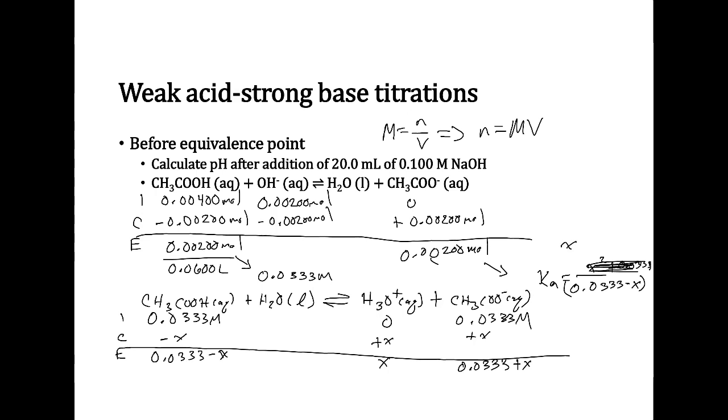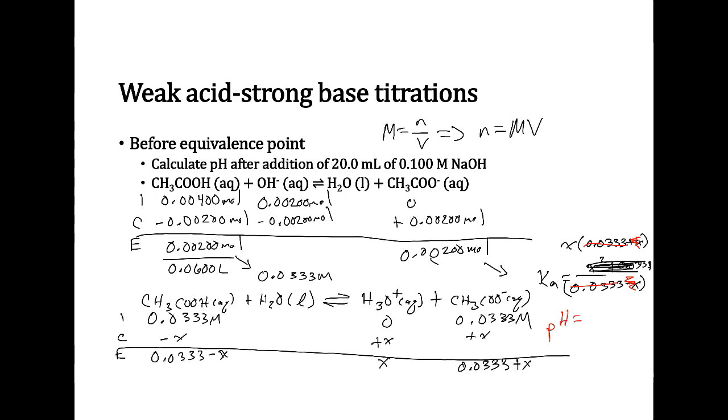We'll have X times 0.0333 plus X. So in this case, again, look at how Ka is 1.8 times 10 to the negative fifth, and these values are 10 to the negative second, so we're getting close to being two orders of magnitude separated, but here we're only 3. So what we can do is ignore both of these X's, and now we have 0.033 X divided by 0.033. Well, the 0.033's both cancel out, so X is equal to Ka.